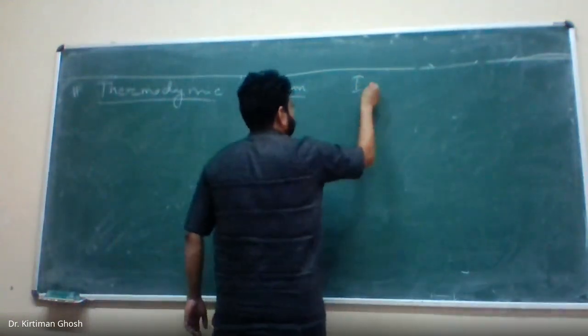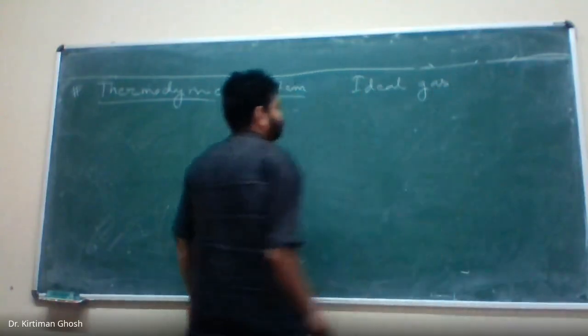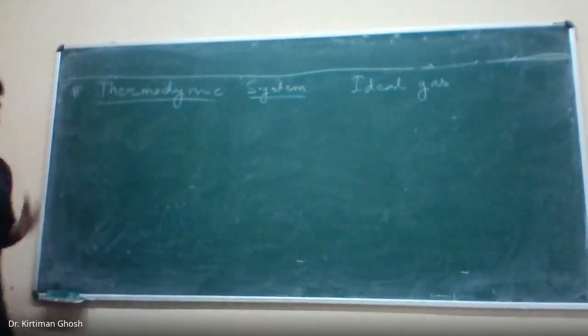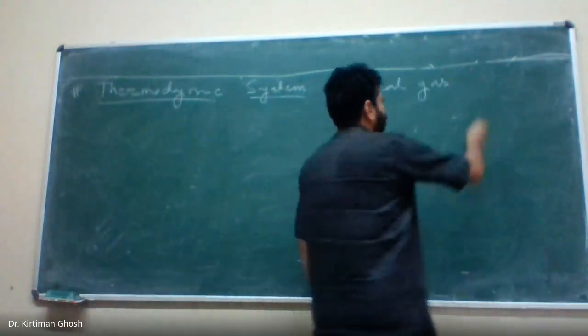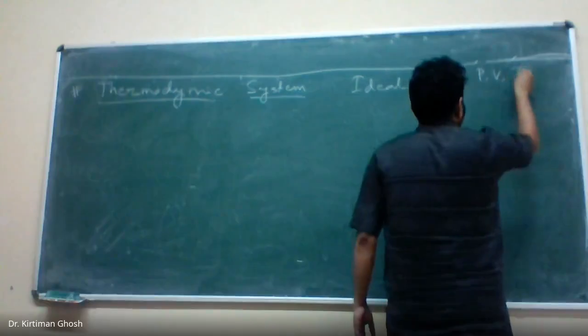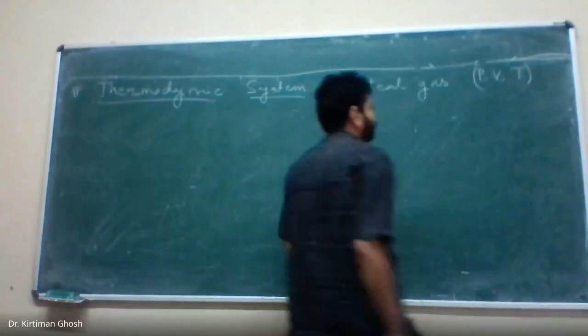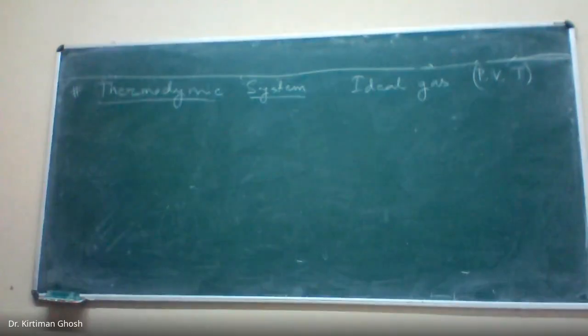As you know, the thermodynamic coordinates for this system are nothing but the pressure, volume, and temperature. These are the macroscopic coordinates you need to know in order to specify the thermodynamic system of ideal gas.